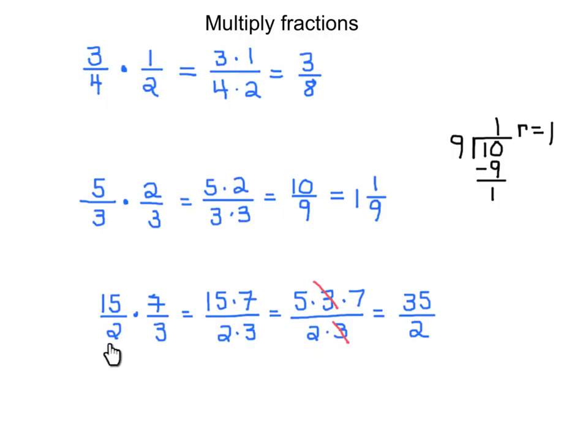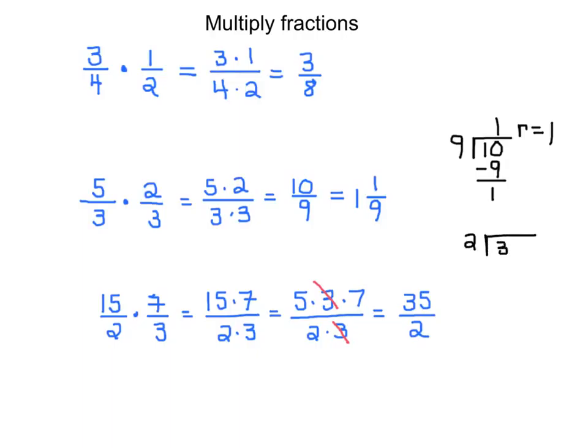So here, let's look at the bottom, was a product of two fractions. I was able to do some reduction, and I got my improper fraction. Let's go ahead and convert this improper fraction into a mixed number. So we want to divide 2 into 35.